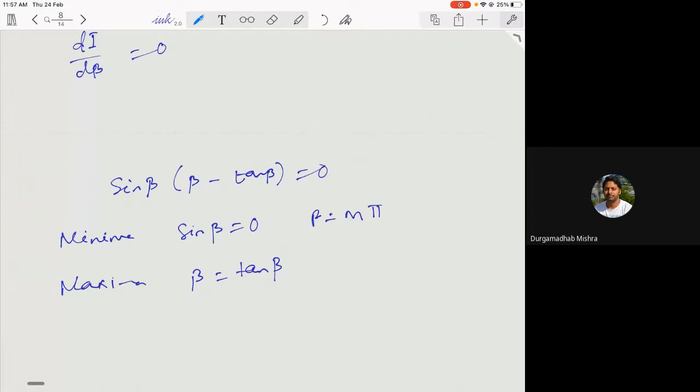That is the condition for minima, but m should not be equal to 0, because m equal to 0 corresponds to the central maximum. Beta equal to tan beta corresponds to your maxima. You can solve it graphically and calculate the positions and values of intensity at those points, so I'll skip that.